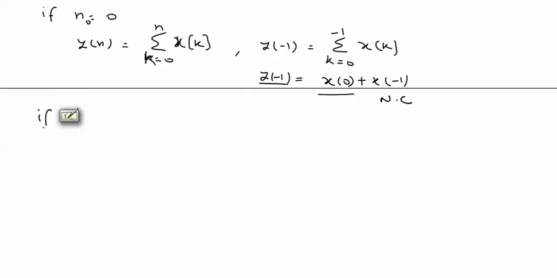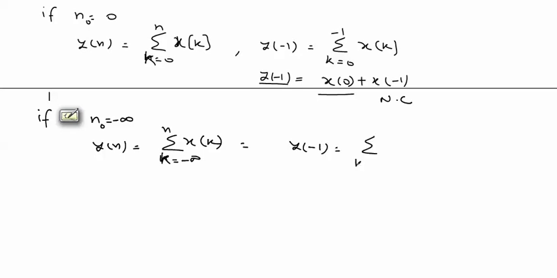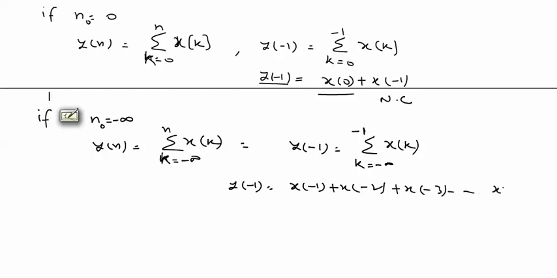If we put n0 equals minus infinity, y[n] is now revised to summation k equals minus infinity to n of x[k]. y of minus 1 is summation k equals minus infinity to minus 1 of x[k]. y of minus 1 is the accumulation of minus 1, minus 2, minus 3 and up to minus infinity, means no future reference.